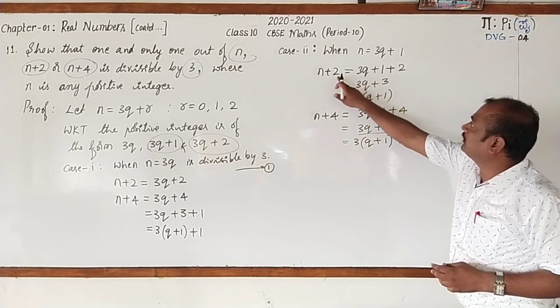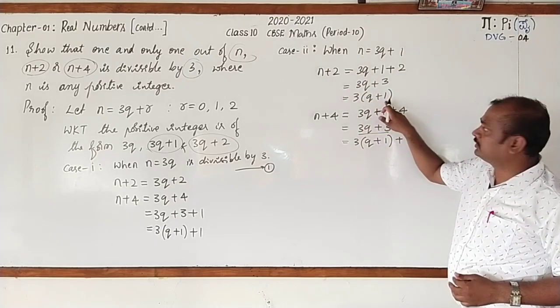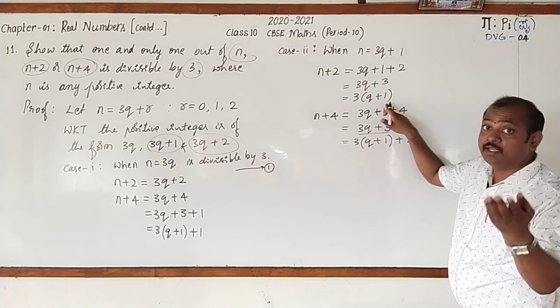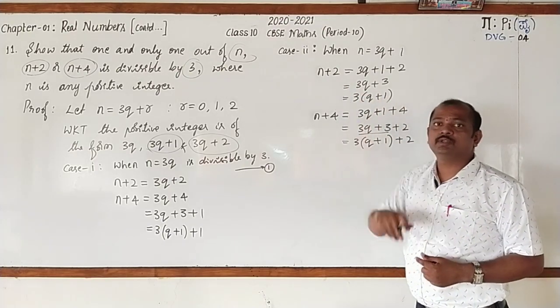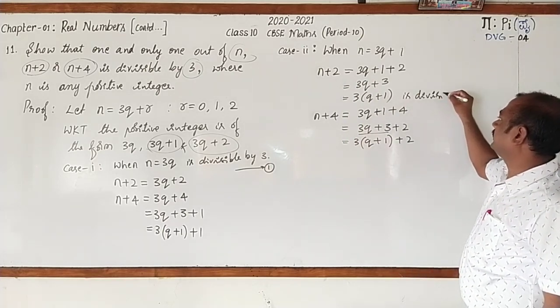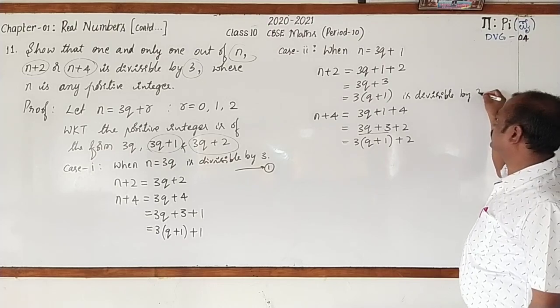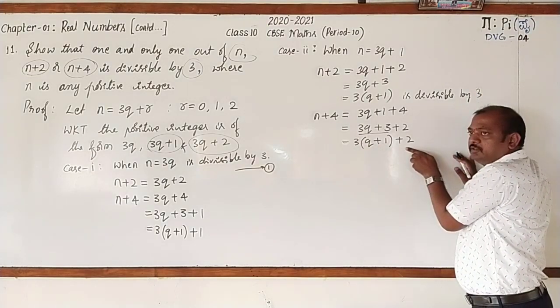Next, here n plus 2, look here, it is 3 into q plus 1. It is the multiple of 3. Hence, it is divisible by 3. So n plus 2 is divisible by 3. Next, what about this? Look here, n plus 4 is written in this way.